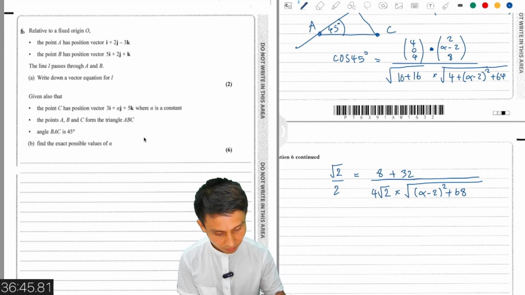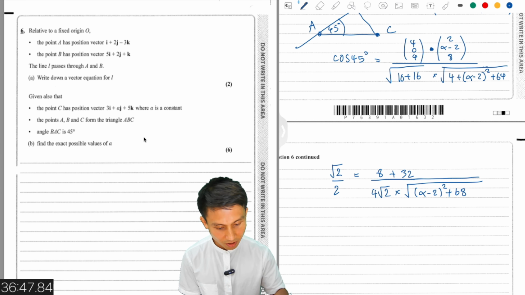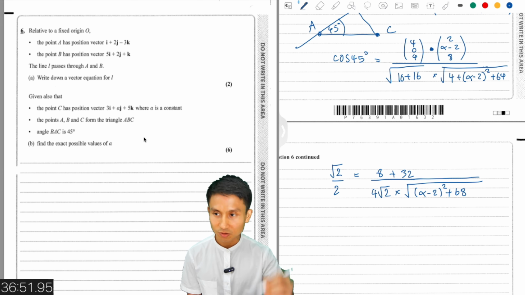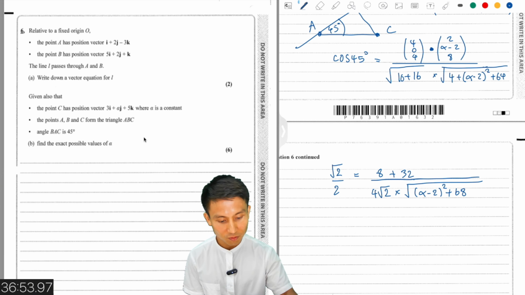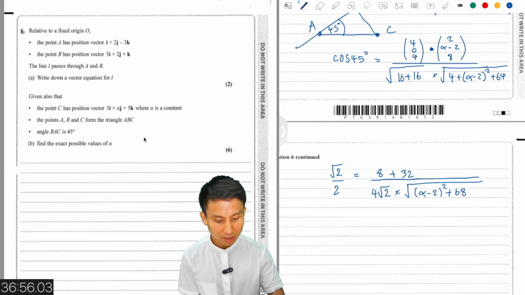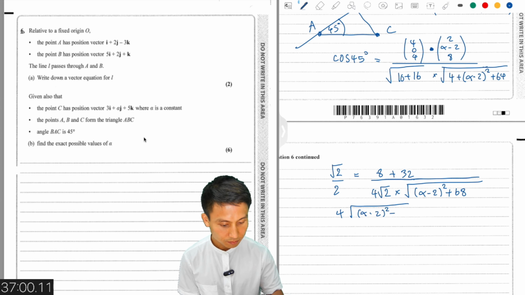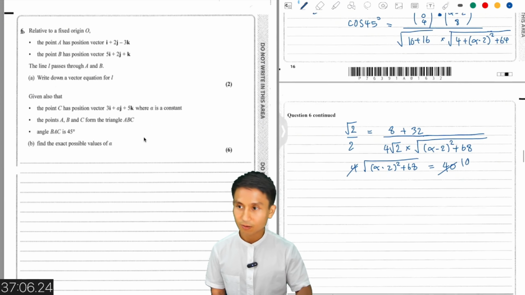So multiplying across, I get 4 times 2 divided by 2, I get 4 with all that square root. And then the other side would just be 40. 4 can cancel 40 to 10 here, all right?